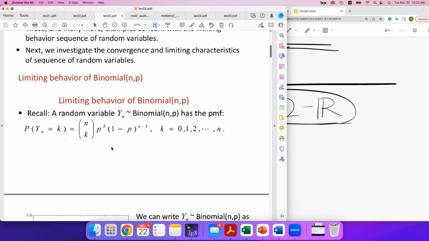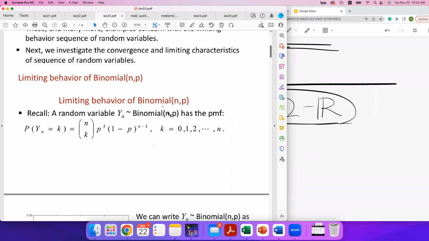Now the question is, what if n goes to infinity? What if we perform infinitely many experiments, or like we start from 10 and go to infinity? Intuitively, once we perform more and more experiments, we are expected to see a concentration.